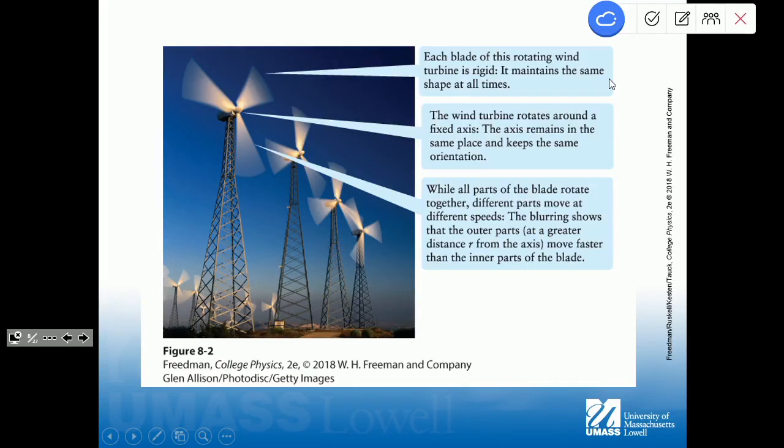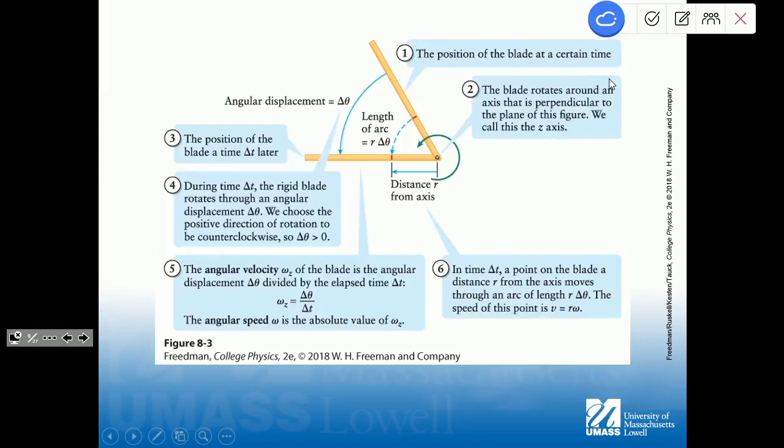The angular speed is the rate at which the angle changes. So if I describe this turbine using that, it looks something like this. Like a freeze frame of it will look something like that. So every single point along that turbine, as it moved, covered the same amount of angle.